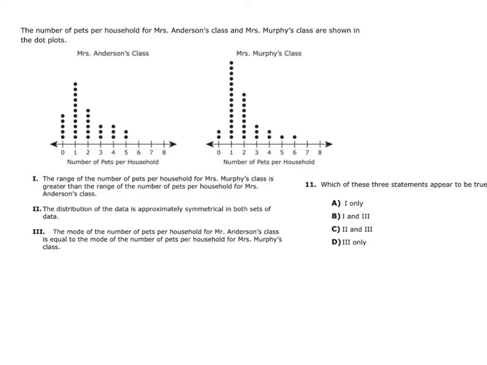I know Mrs. Anderson's class had 30 students, and Mrs. Murphy's class had 33 students. It says the range of the number of pets per household for Mrs. Murphy's class is greater than the range of the number of pets per household for Mrs. Anderson. So let's look at Murphy's range.